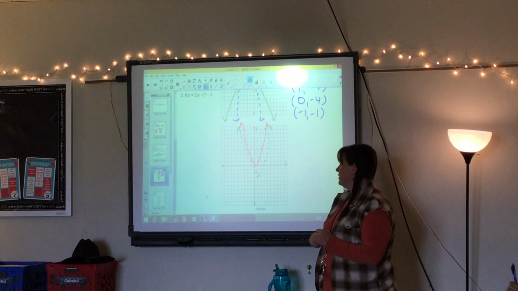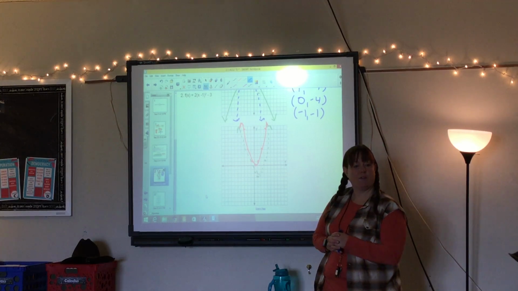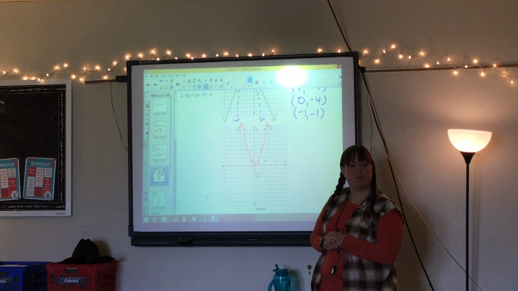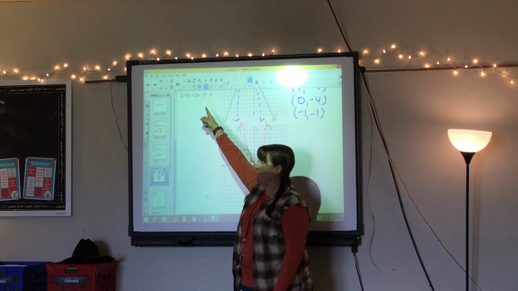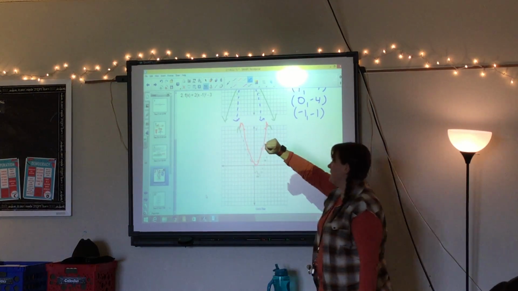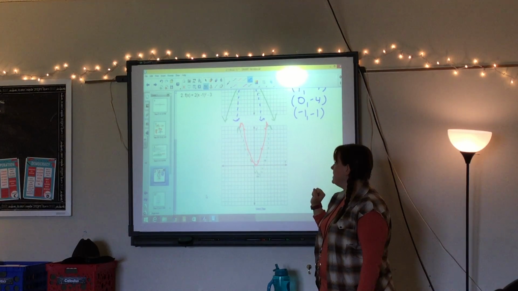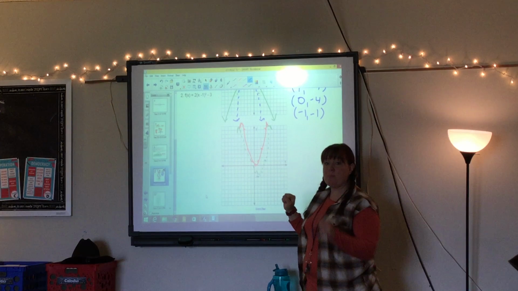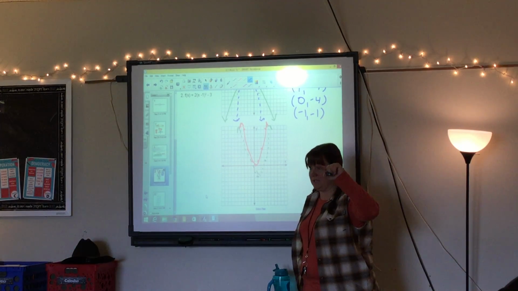I understand that you moved it down 3 because there's that negative 3 on the end. And what would say go right 1? That 1 in there with the x. Yep, that tells us to move to the right. The last thing we're going to do: the first point normally on our parabola is up 1, over 1. Now we're going to go up 2, over 1 instead.